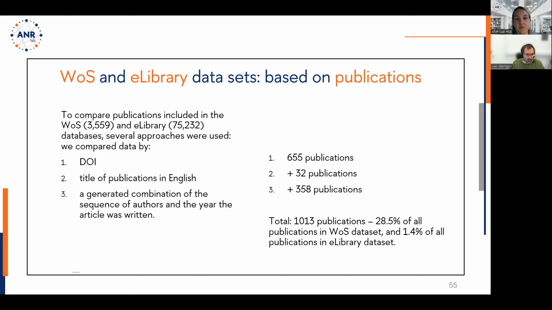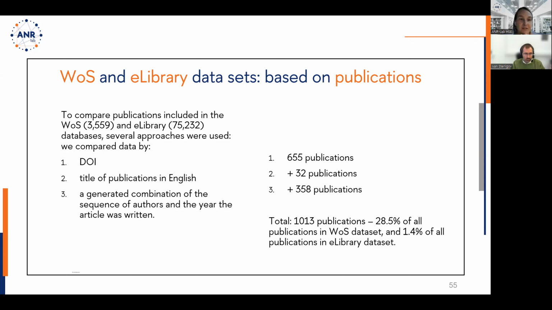And of course, we would expect that we would find more, because, as for how the eLibrary dataset is constructed, it looks like it definitely should include all the articles which are published in Web of Science. That's why we would think that eLibrary will contain the Web of Science dataset. But no, we didn't find it.